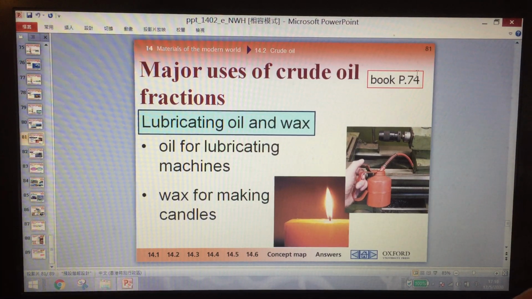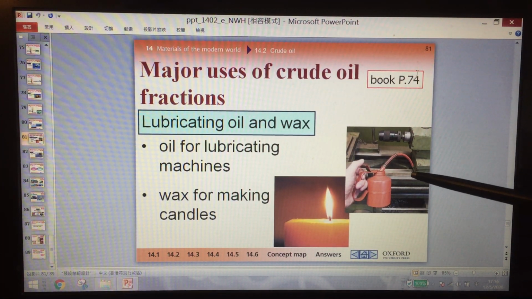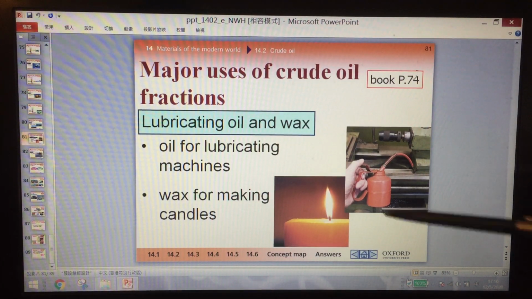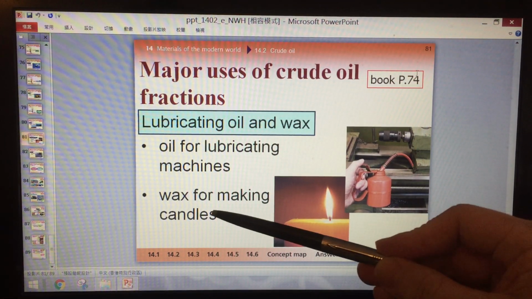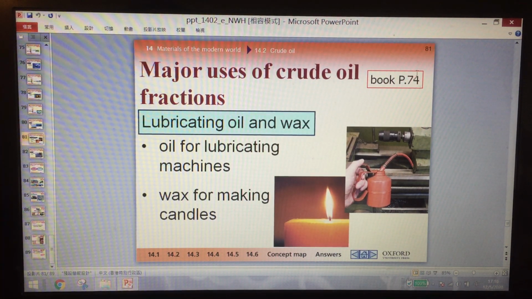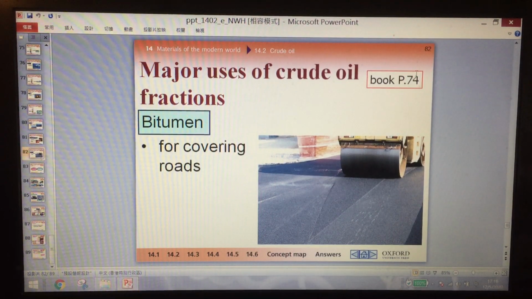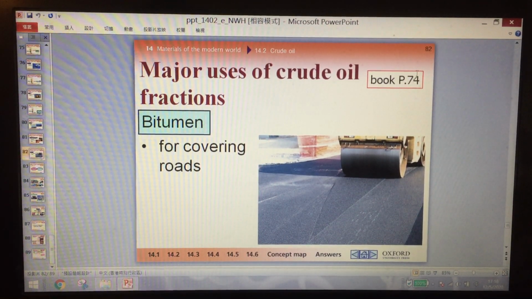Lubricating oil and wax. This is oil for lubricating machines, so the moving parts will move smoothly. And wax for making candles. Bitumen, it is for covering roads.